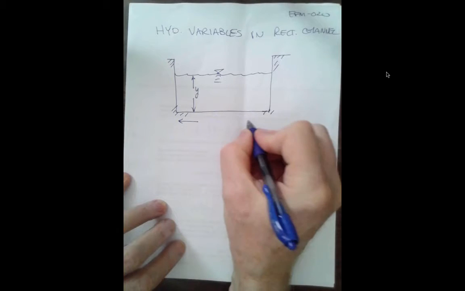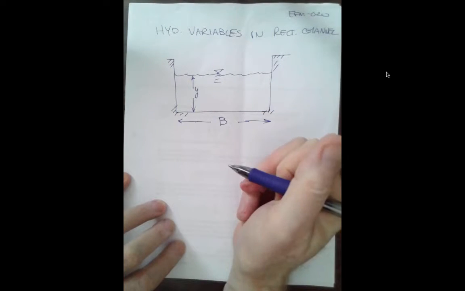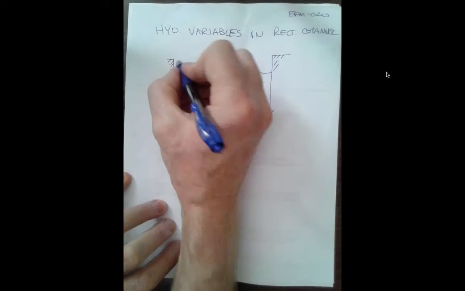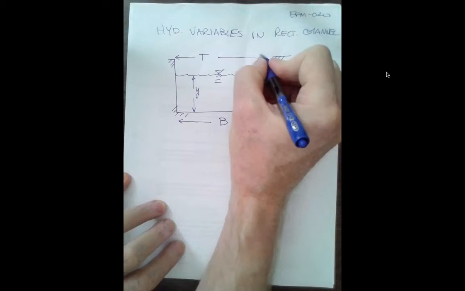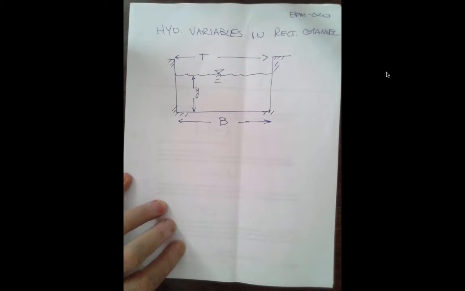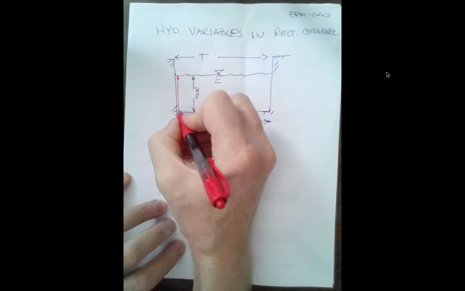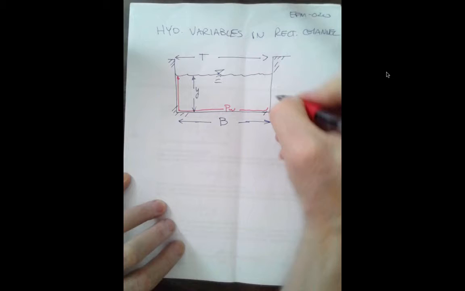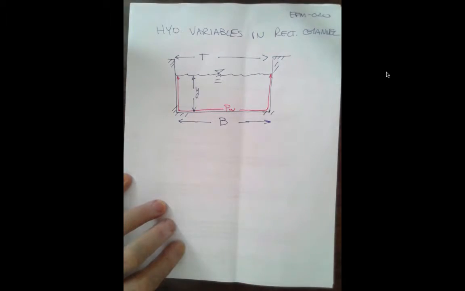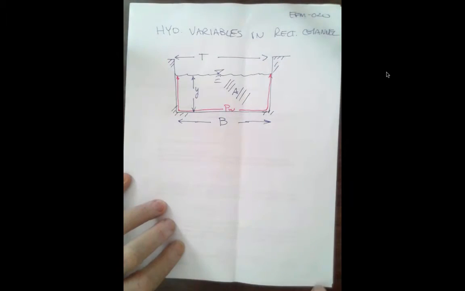The bottom width, a common symbol for that is b, first letter of the word bottom. Top width is here. And we have a wetted perimeter. And of course, one of the points is cross-sectional area.